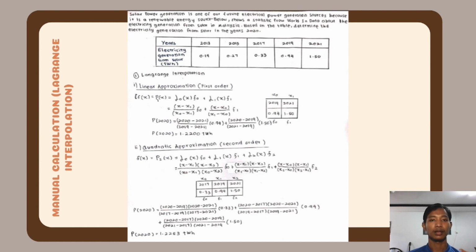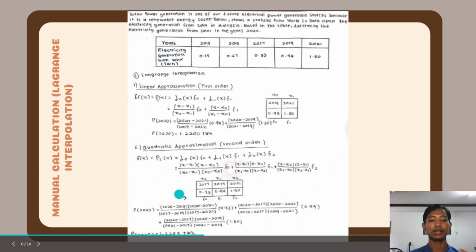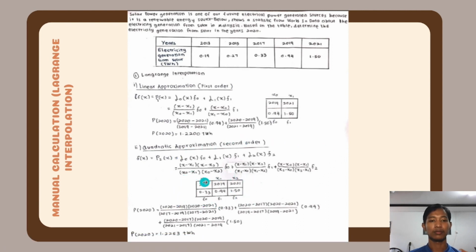Next, we have the second order, quadratic approximation. As stated in linear approximation, we need to put the formula first to solve this problem. So this is the formula for quadratic approximation. Then we choose the data needed for the quadratic approximation. As you can see here, we have three different inputs, so we need three different data.